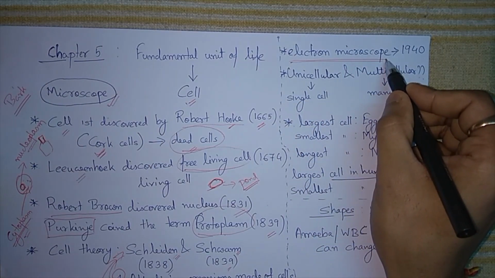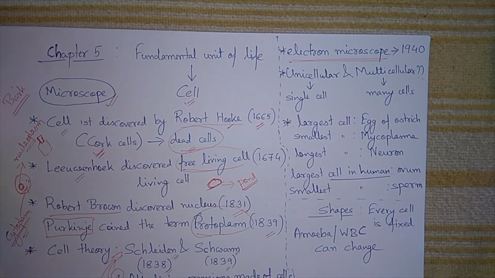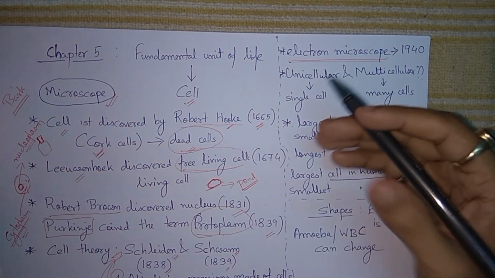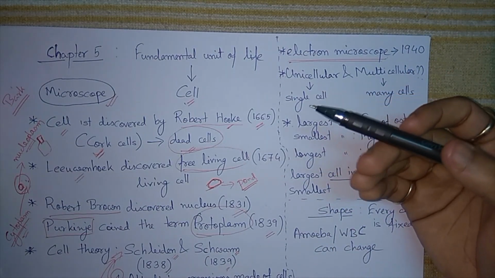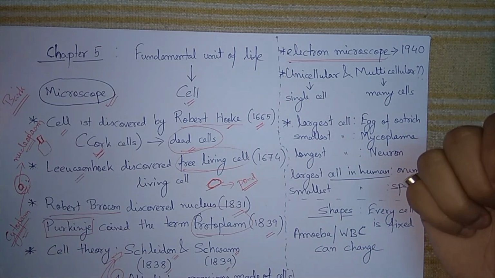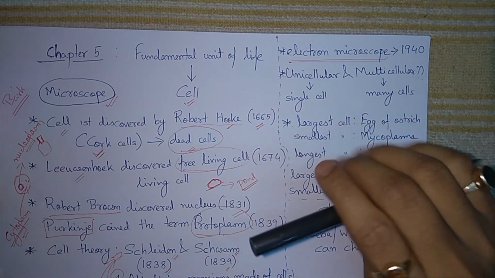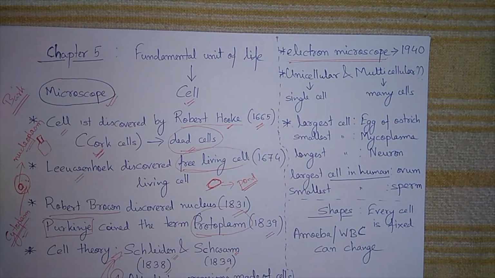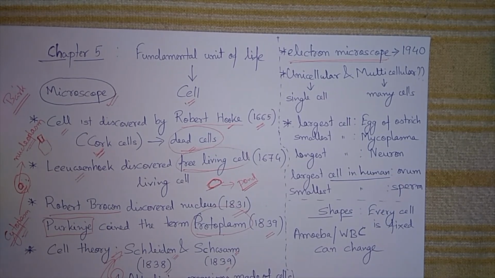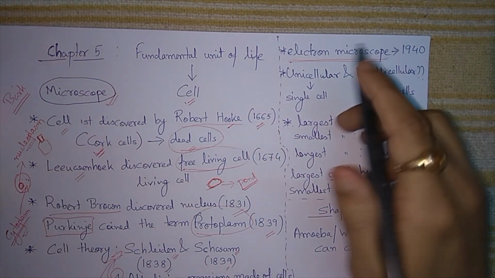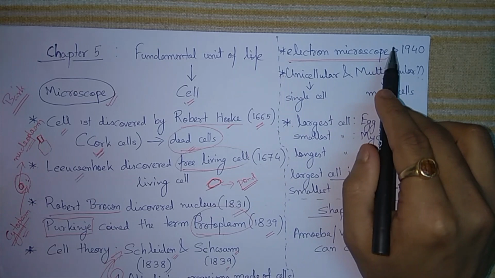In higher studies, you will learn that electron microscopes are of two types: scanning electron microscope and transmission electron microscope. Later I will tell you the uses of these two designs.